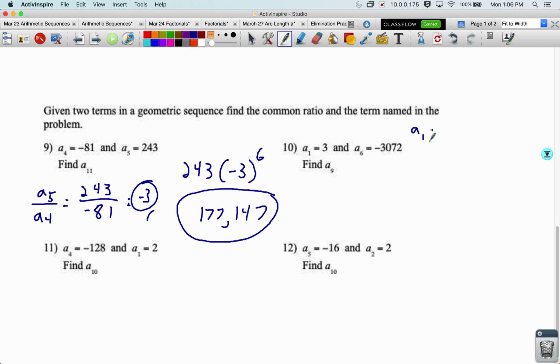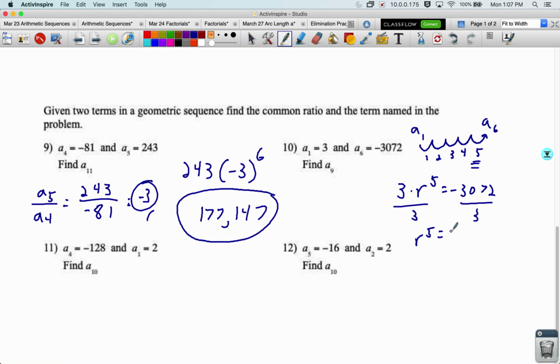You can just take the difference, 6 minus 1, to get the number of steps. So 3 times some ratio to the 5th power equals negative 3,072. We can divide both sides by that 3. R to the 5th equals negative 3,072 divided by 3, which equals negative 1,024.